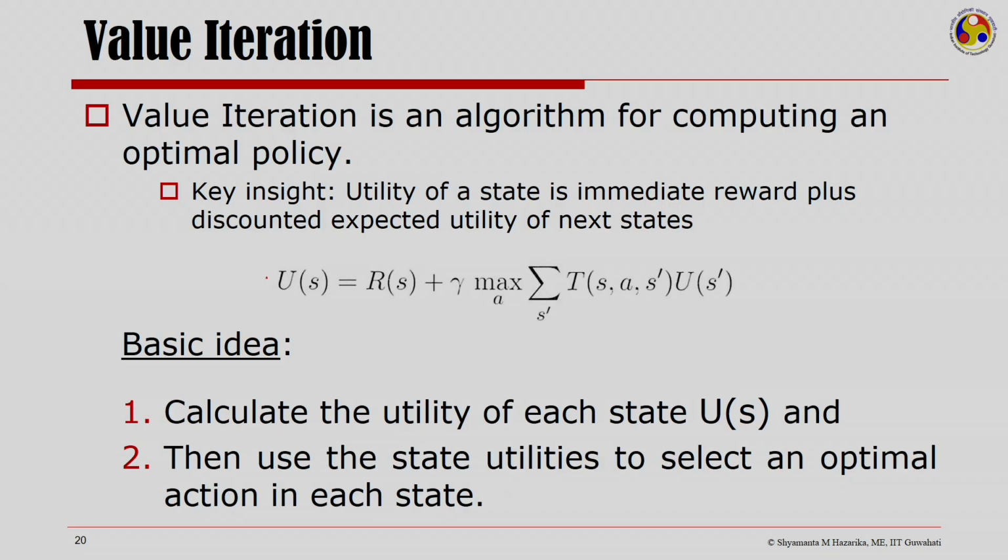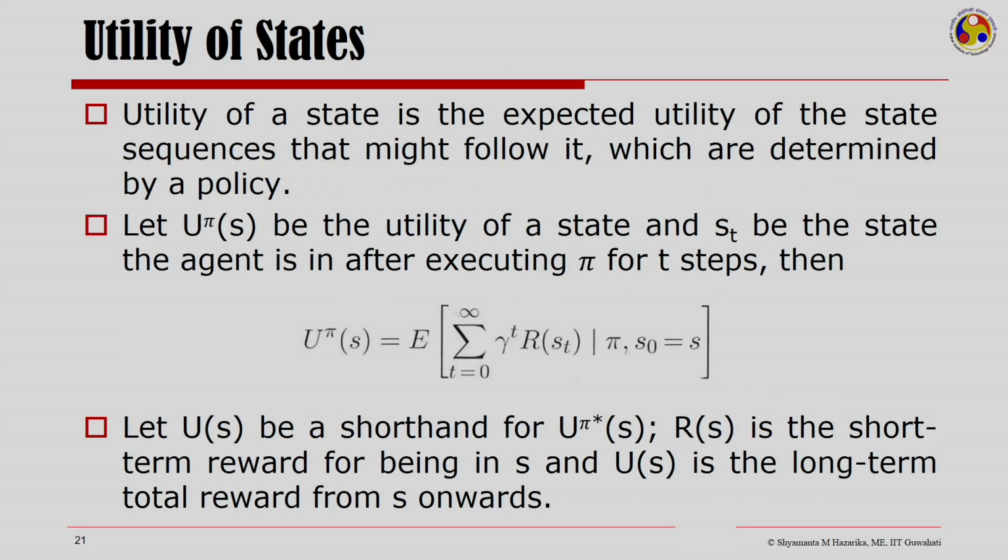The basic idea is to calculate the utility of each state and then use the state utilities to select an optimal action. The utility of a state is the expected utility of the state sequence that might follow it.